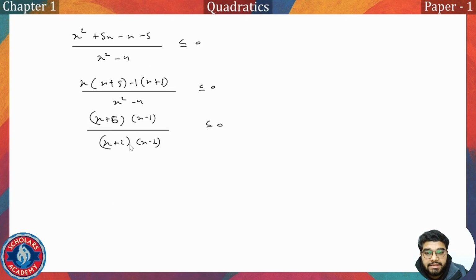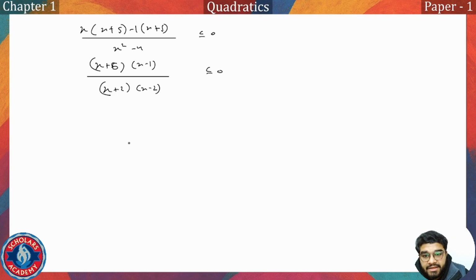Now if I find the critical points, what I get is x is equal to -5 and x is equal to 1. These are the two critical points from the numerator. And x is equal to -2, x is equal to 2. These are the two points from the denominator.